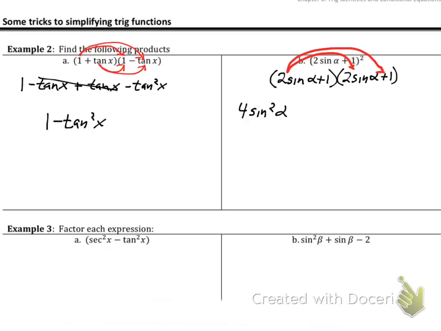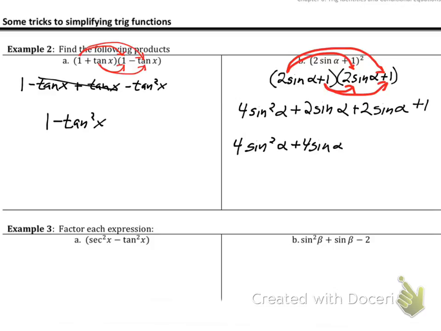I have 2 sine times that 1, which is just going to give me plus 2 sine alpha. I do that 1. I have another 2 sine alpha. And finally, I distribute that 1 to the 1, which would just give me 1. And we are just going to have 4 sine squared alpha plus 4 sine alpha plus 1.